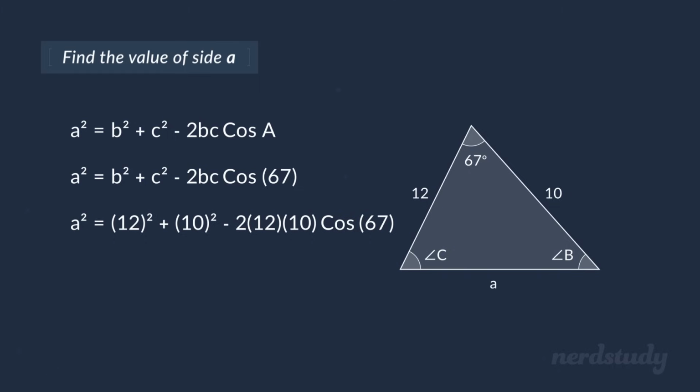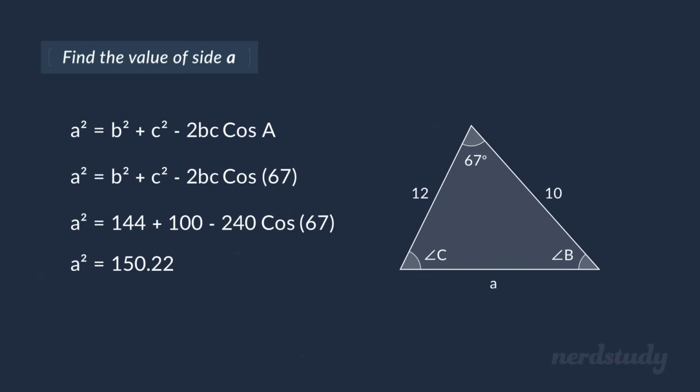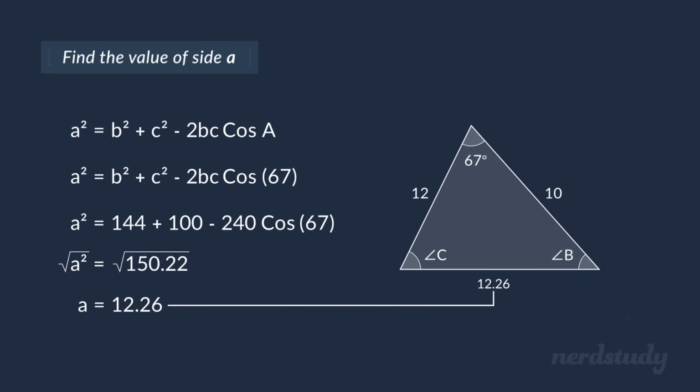Simplifying this would give us A squared equals 144 plus 100 minus 240 times cosine of 67 degrees. Computing the right side gives us roughly 150.22, and all we need to do now is square root both sides to get a final answer of A equals roughly 12.26.